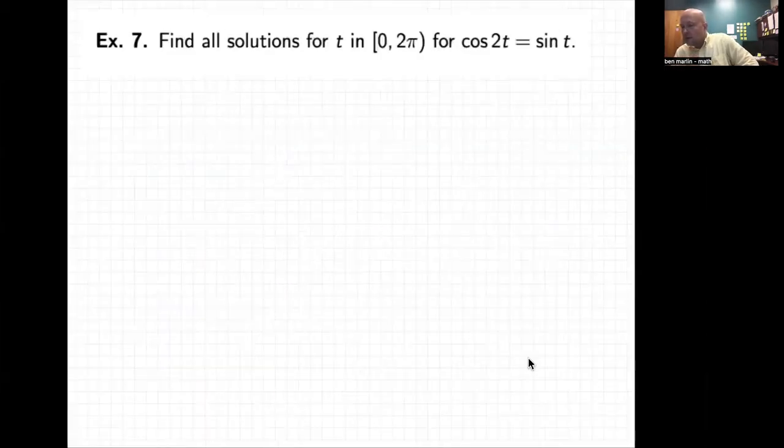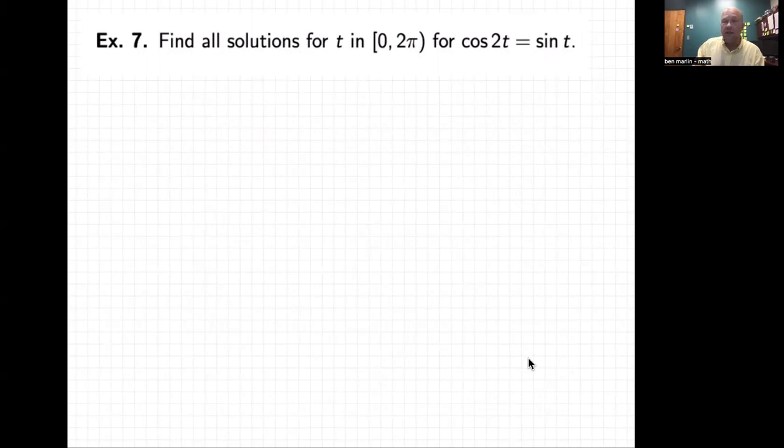All right. So this is where we first start really trying to use this stuff to solve equations. So we're trying to solve cosine 2t equals sine t. And I know you can just graph everything and get an approximation. And if that's what you're working for, great. But we're trying to here see these techniques of solving these equations.